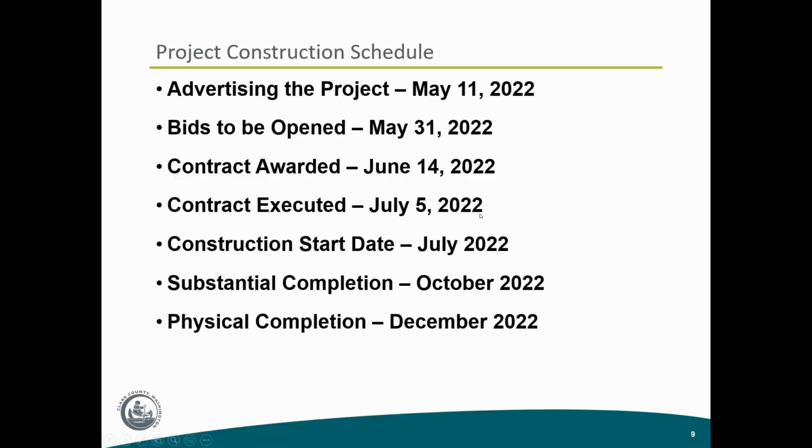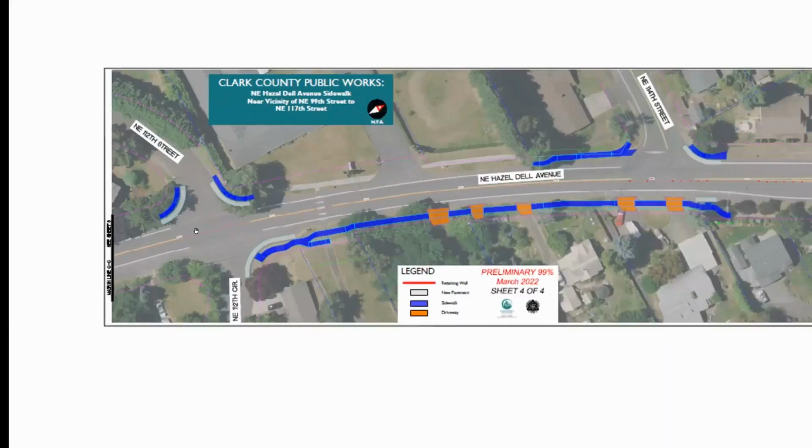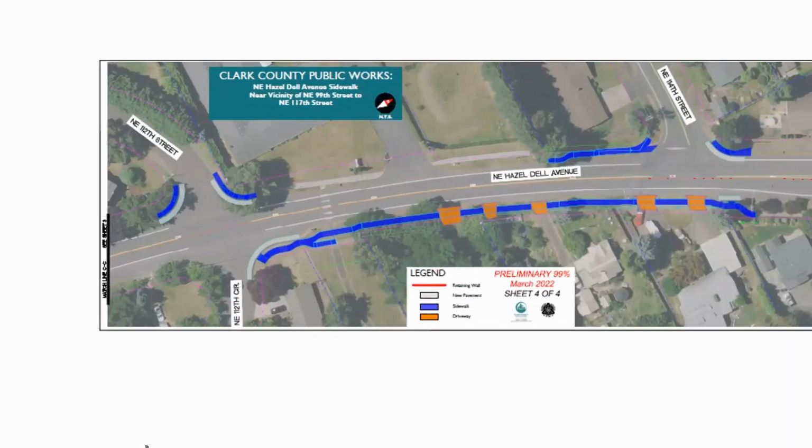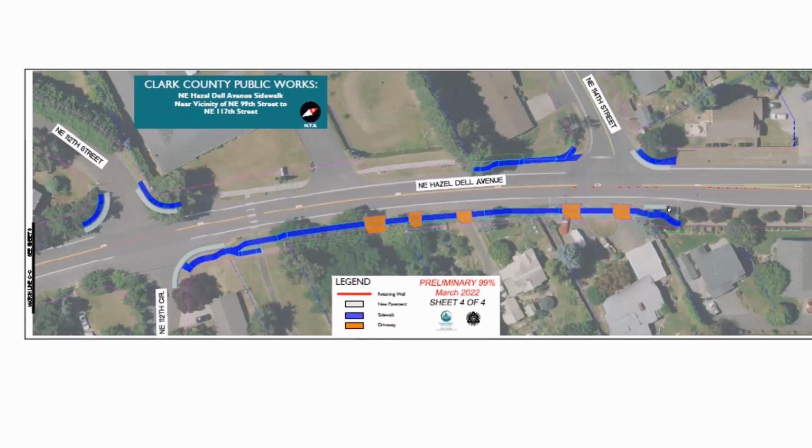The crosswalk will be moved to the intersection at 112th, and we'll have a rapid rectangular flashing beacon at that crosswalk. We'll be moving that mid-block crossing that the kids now use for going to school to the intersection of 112th Street and Hazel Avenue.